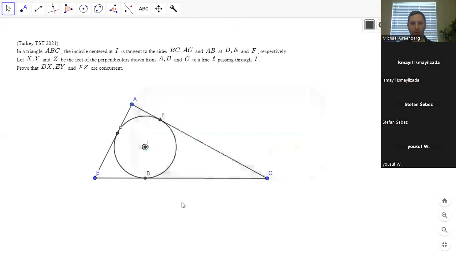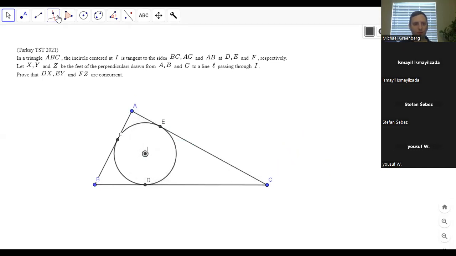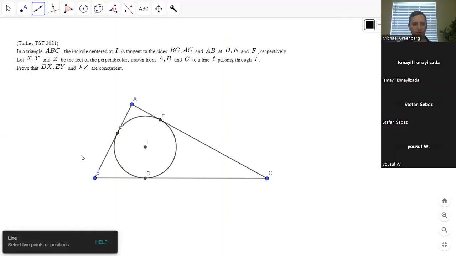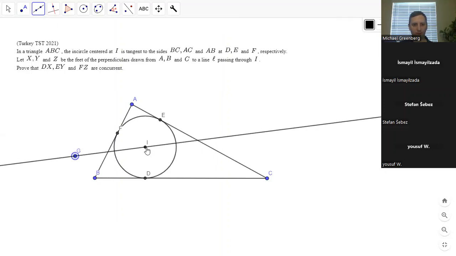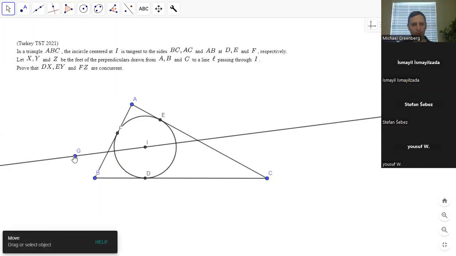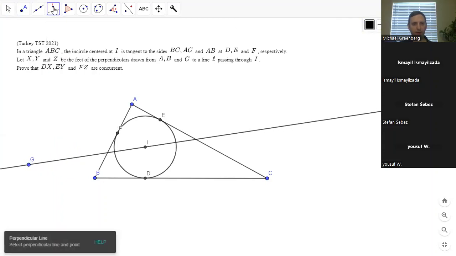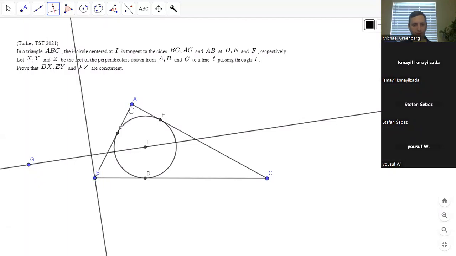So let's call this I. All right, so X, Y, and Z are the perpendiculars from A, B, and C to some line passing through I. Okay, so I just pick any random line passing through I, and the perpendiculars are X, Y, and Z. And then we want to show that DX, EY, and FZ are concurrent. This is interesting.